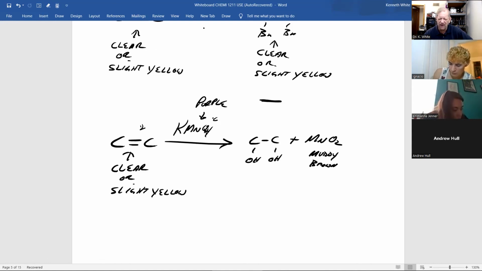If you've ever been to parts of the United States with reddish brown dirt, or even near Chicagoland, and you put water on there, it looks that muddy brown color. Well, that's what MnO2 looks like. So if you mix potassium permanganate solution with a compound and you see a muddy brown, that tells you you have a double bond.